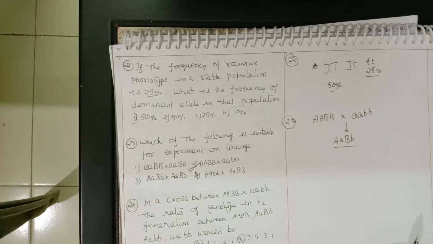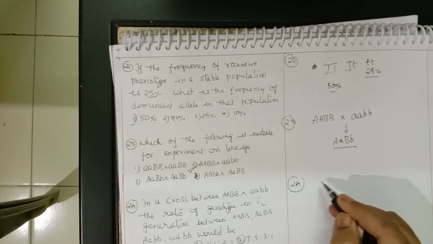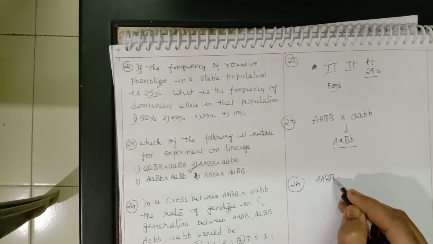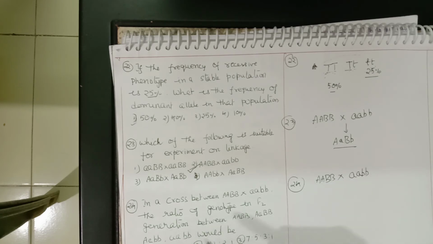Now the next question, in a cross between these 2, that is completely homozygous dominant. So what is the cross given here? Completely double dominant homozygous crossed with completely double recessive homozygous. The ratio of genotype in F2 generation between AABB, that is completely this and this, all this. So capital A small a, capital B small b, another one is capital A small a and all small b, and completely. What will be the ratio?